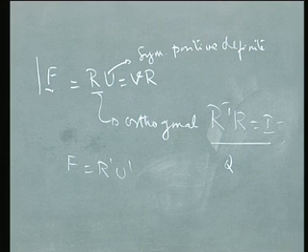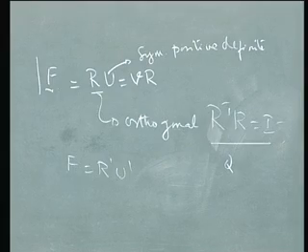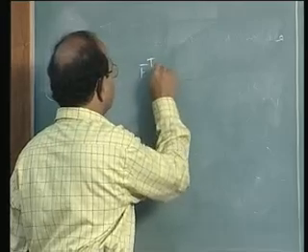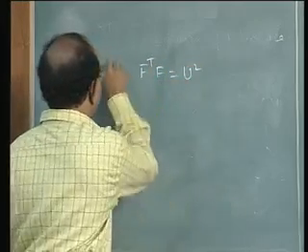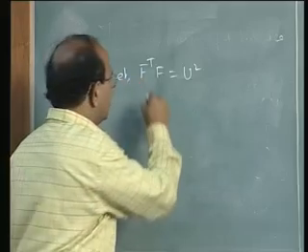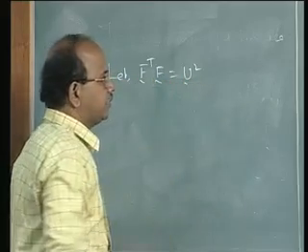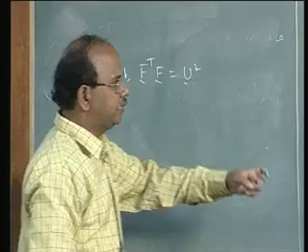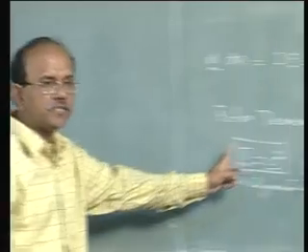Let us go ahead and first prove the theorem. Let F transpose F be equal to U squared. Obviously, I can assume that because my F transpose F qualifies for the first lemma which I stated.